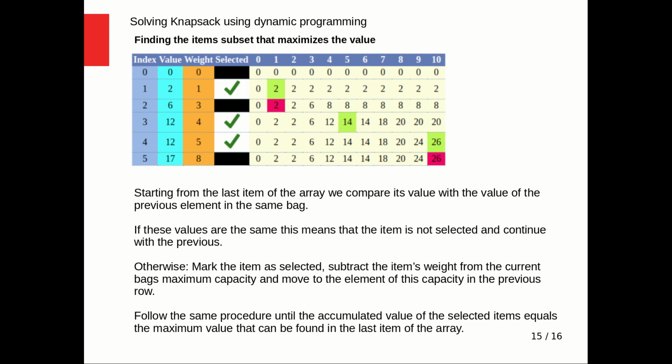So we conclude that the items that make up the largest value with the constraint of weighing less than 10 consist of items 1, 3, and 4.